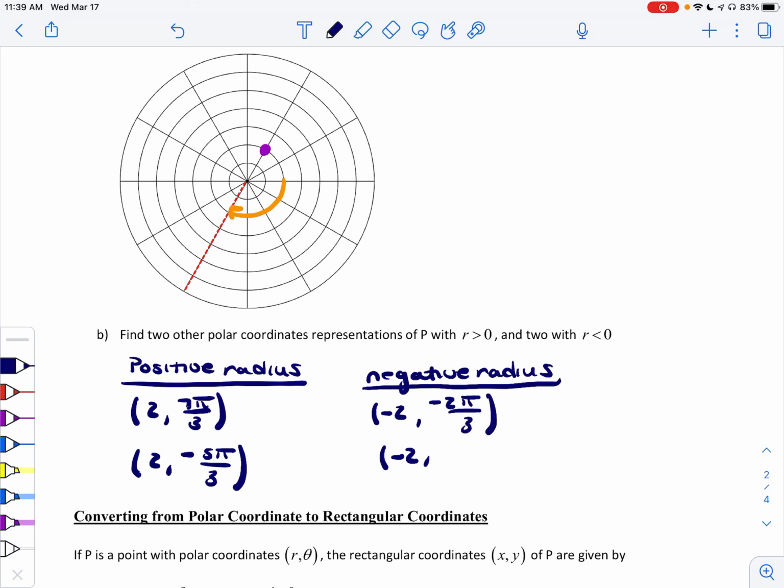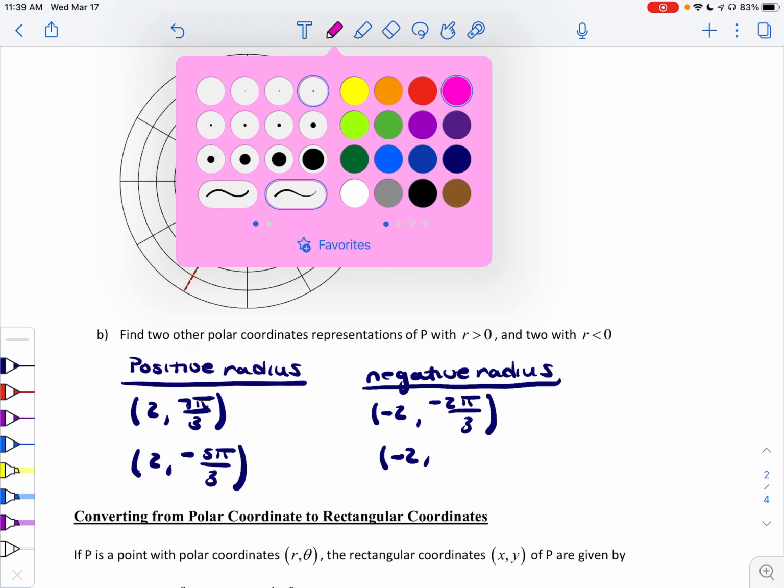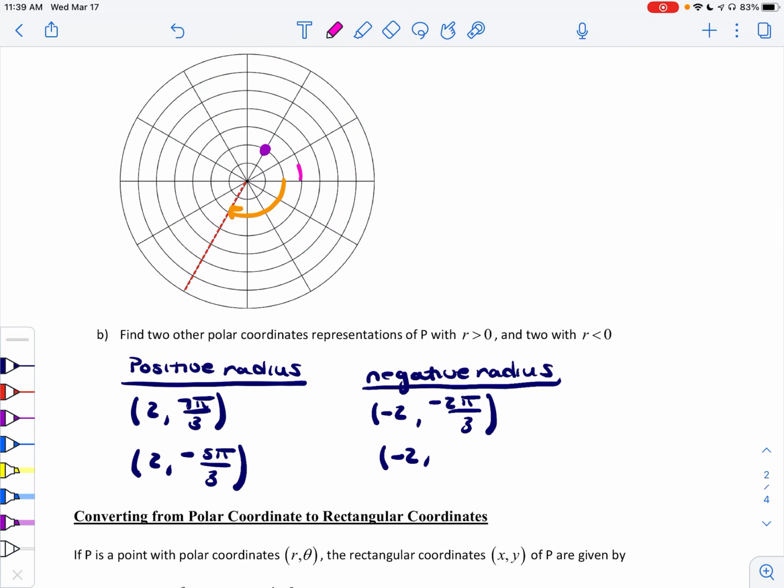And then if we wanted to go in the positive direction to get around to quadrant 3, our 60-degree reference angle in quadrant 3 would be an angle of 4 pi over 3. Okay, so again, we're using the quadrant 3 angle because when you have a negative radius, it flips it across the origin and brings us back up to that point that we want in quadrant 1.